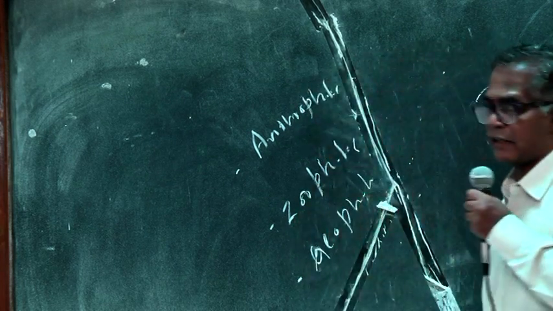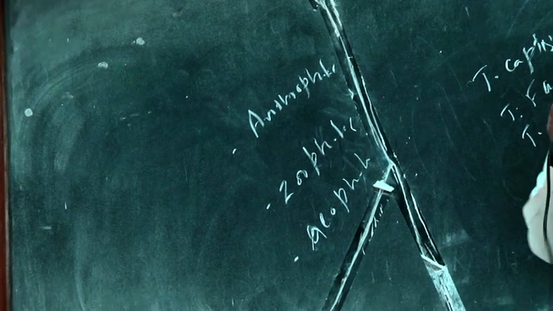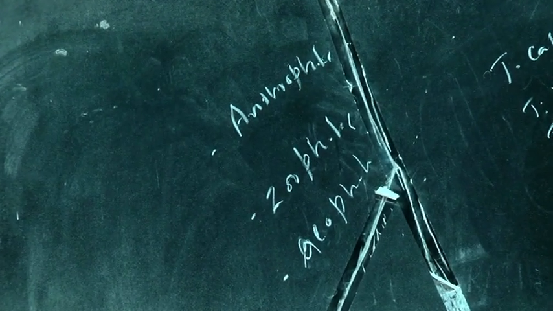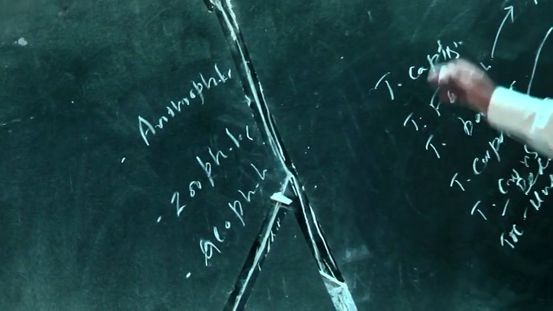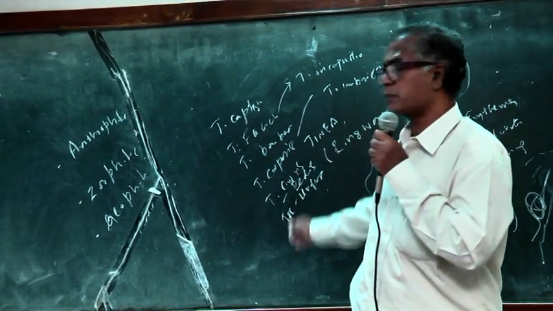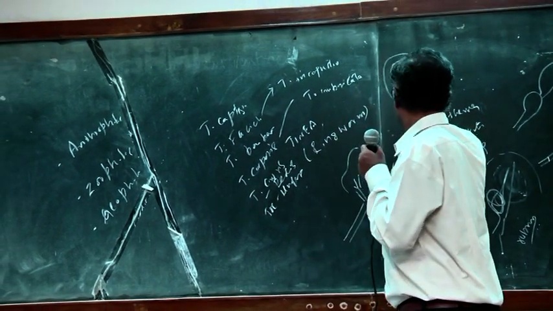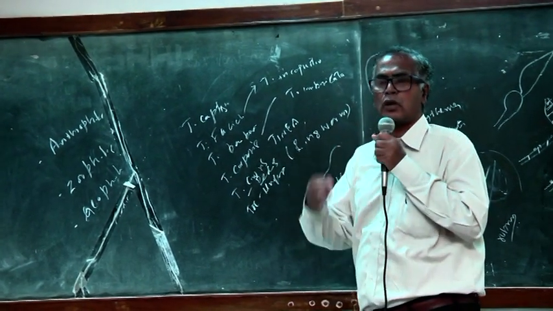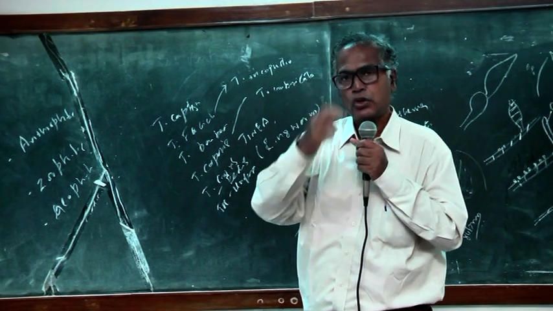Philic means liking. Anthropophilic means those that cause infection among humans. The examples include Trichophyton rubrum or Microsporum audouinii. So these usually cause infection of humans.